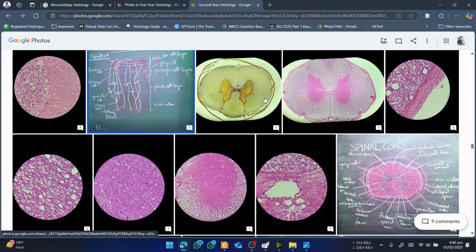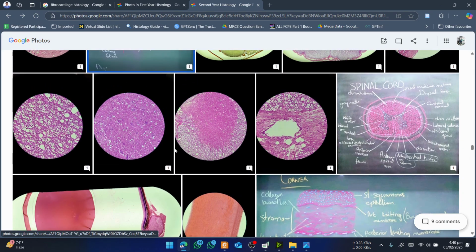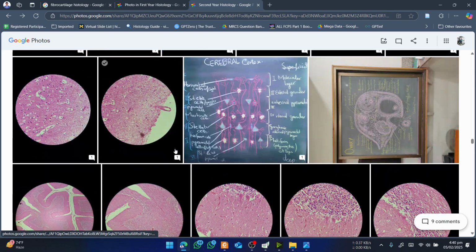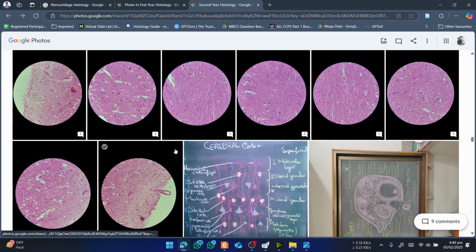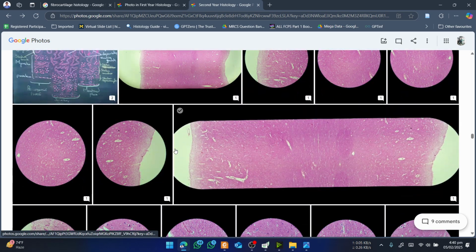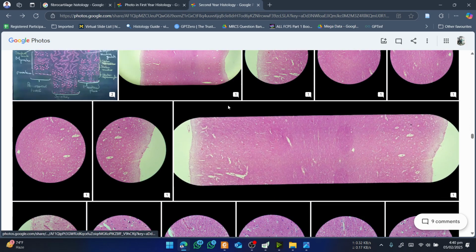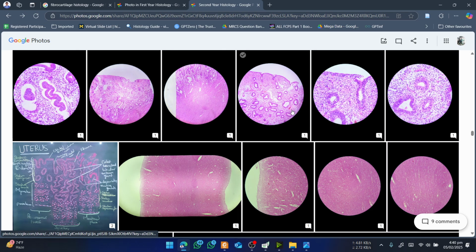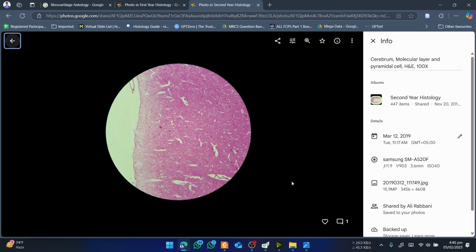And I think I have shared with you these slides. Cerebrum, you see something like this in the slide. It has a large number of layers, but you don't need to actually remember them.